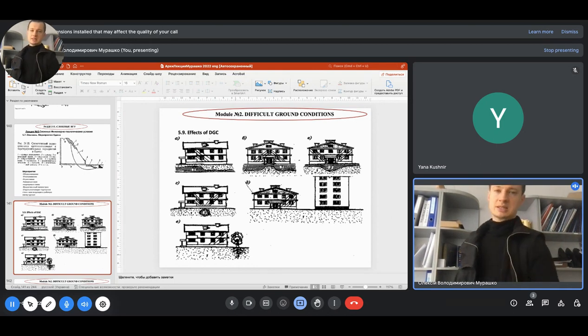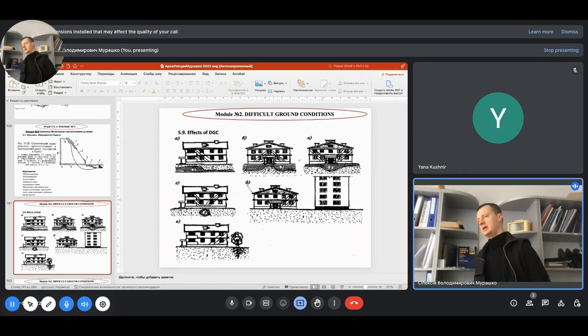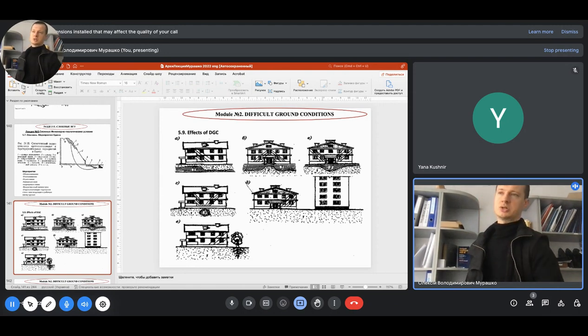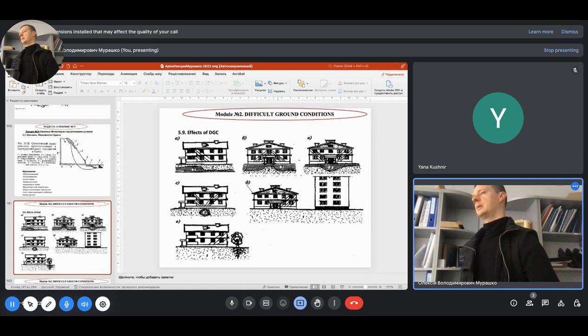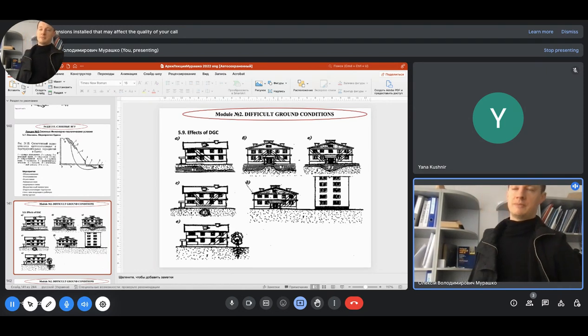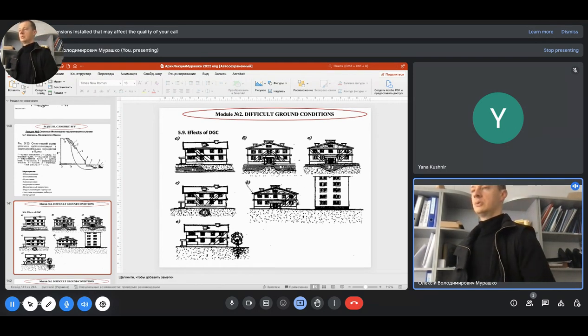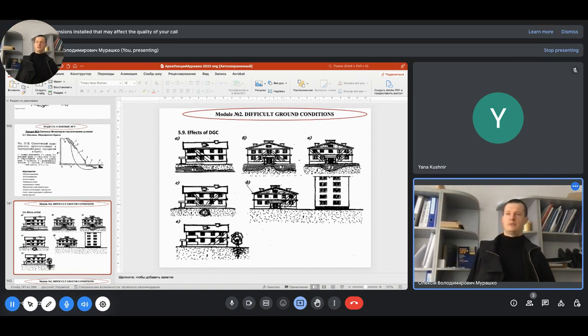In some cases, like a new multi-story building that is built near an existing old building, we know all those problems when we start such construction near an old building which already has big cracks. That new building, because of its weight, leads to significant settlement of the ground, and this settlement also leads to settlement of ground in this part, and that gives us such cracks and even destruction of such a building.